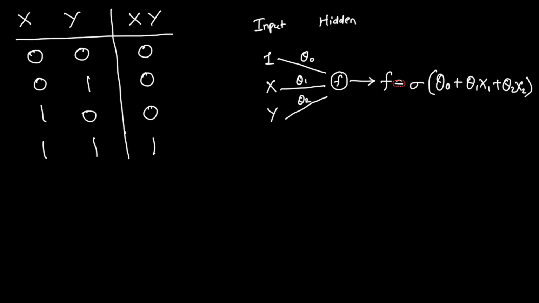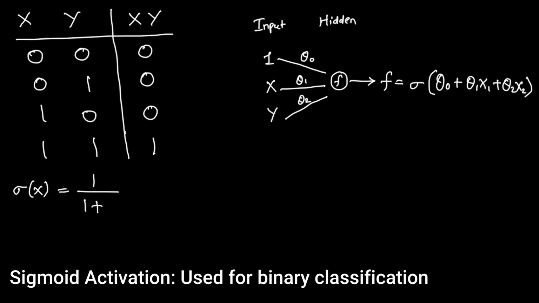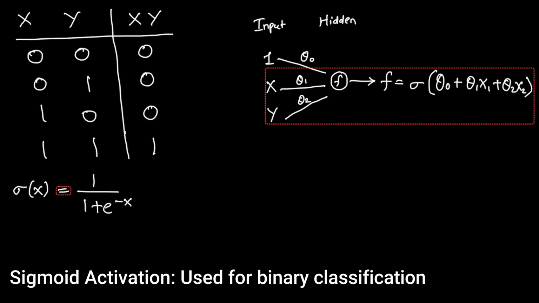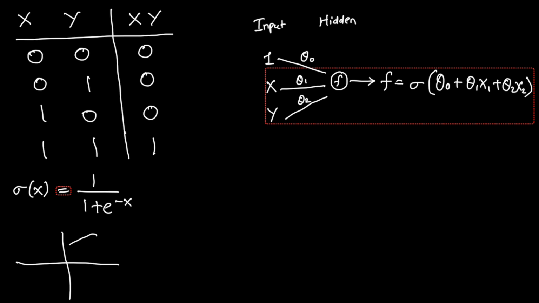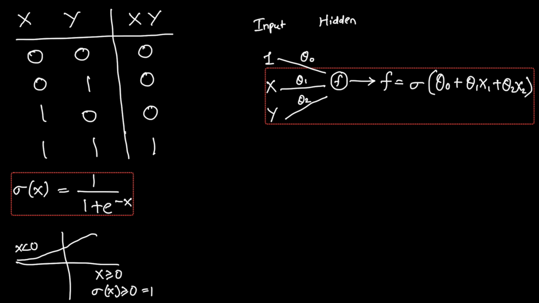So let's again visualize what sigma x was, like this, right? It simply was that if x is greater than or equal to 0, your sigma x would be positive, let's say it's 1 right now. And if x is negative, then sigma of x goes close to 0.